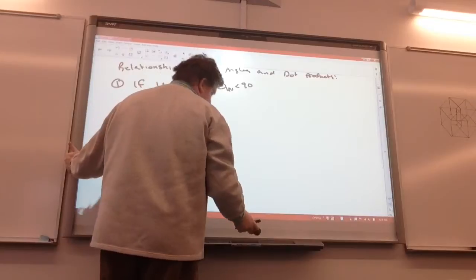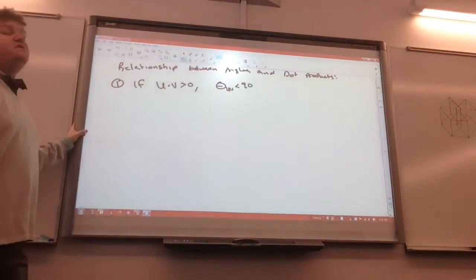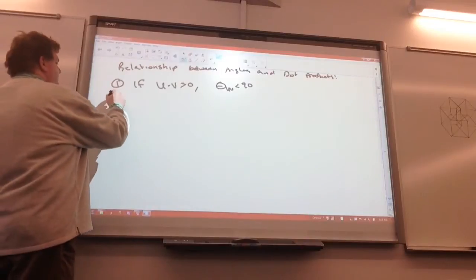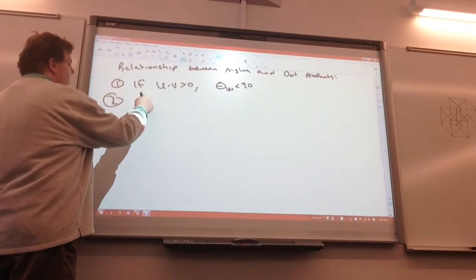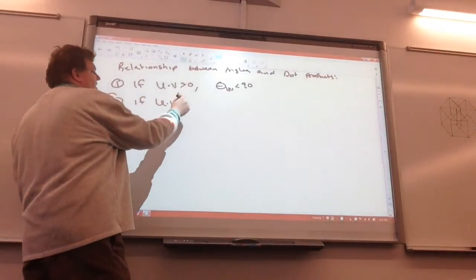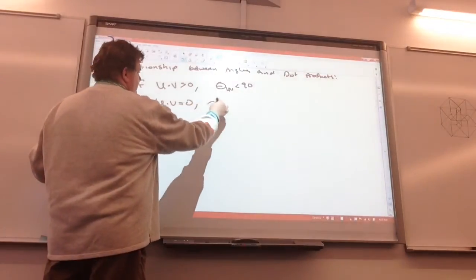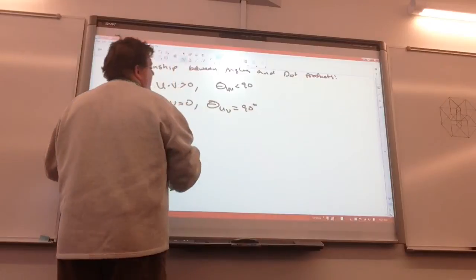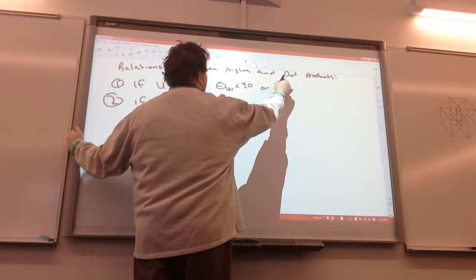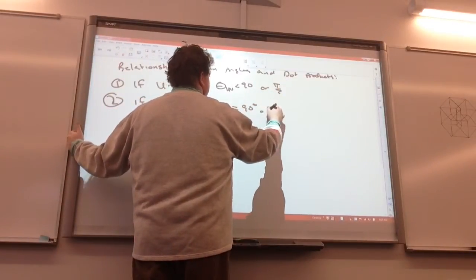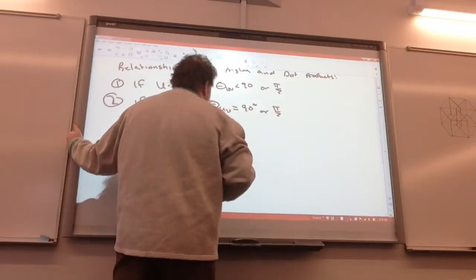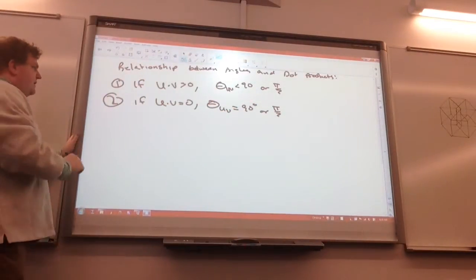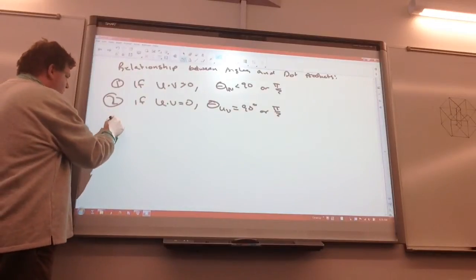We don't have to bother with saying greater than 0 for the angle, because it could be 0. It's less than 90. That's all that matters. If u dot v is equal to 0, the angle between them is equal to 90 degrees, or pi over 2. We could do this in radians, although we hardly ever do these vectors in radians, but I'll write it up there just in case.